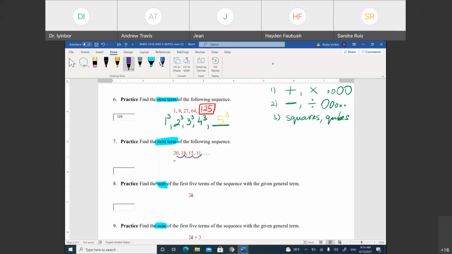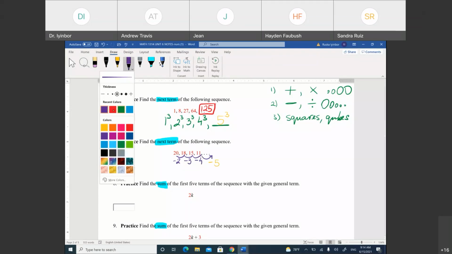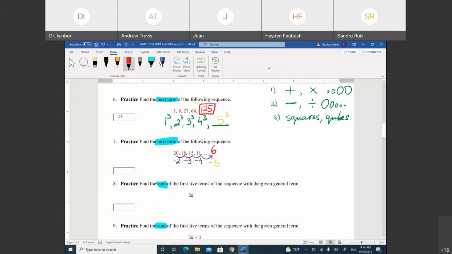From 18 to 15, you subtract 3. From 15 to 11, you subtract 4. So what are you going to do next? Subtract 5 from 11. What is 11 minus 5? 6. Yes, good job. Everybody understand that? So the next number is 6.